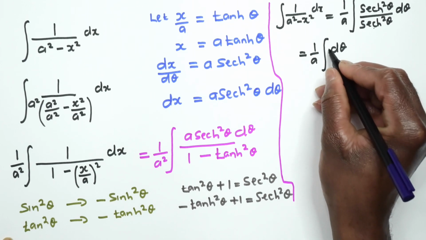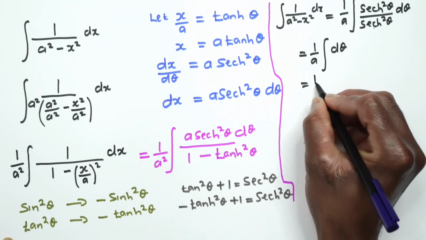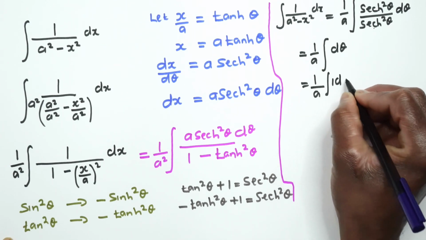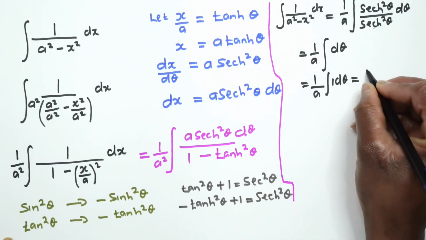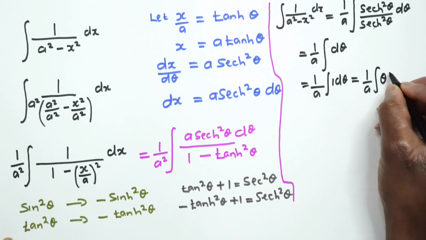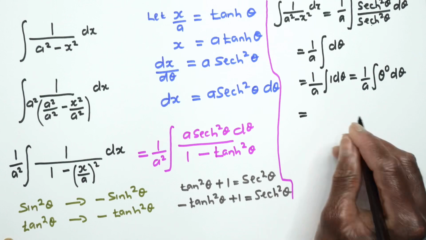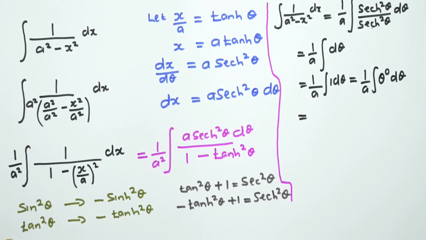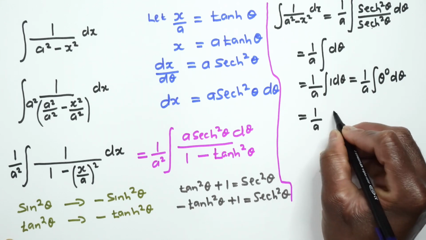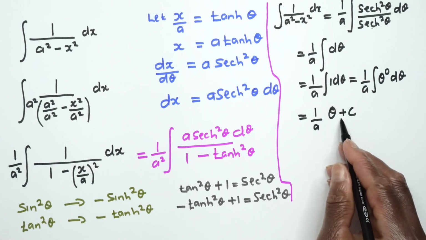And that means there is 1 here, because that's 1 d theta, which I can write as 1 over a integral of 1 d theta, which is 1 over a, and that will be integral of theta to the power 0 d theta. And when you integrate that using the integration formula, we shall get 1 over a theta plus c.